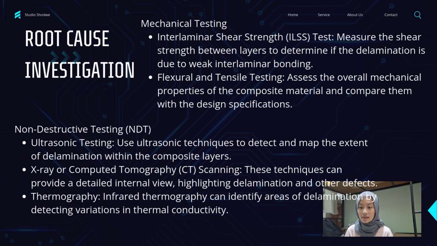The ILSS test measures the shear strength between layers to determine if the delamination is due to weak interlaminar bonding. And lastly is flexural and tensile strength. The mechanical properties of the composite material can be compared with the design and specification.